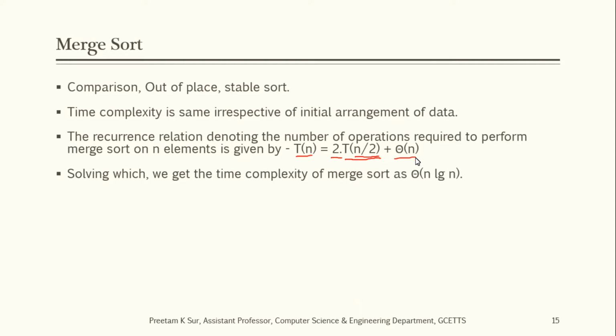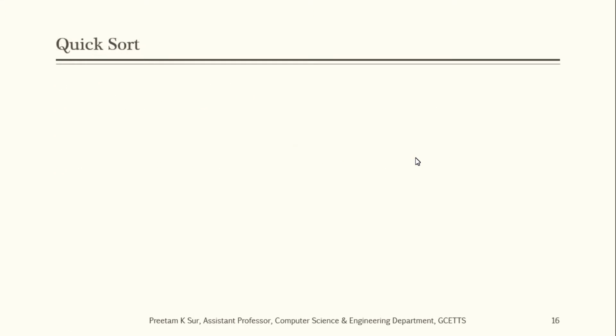You can apply any of them, and you will reach the conclusion that the time complexity is theta of n log n. So the time complexity of merge sort is order of, or theta of, n log n. Okay, so with that we come to an end of merge sort.